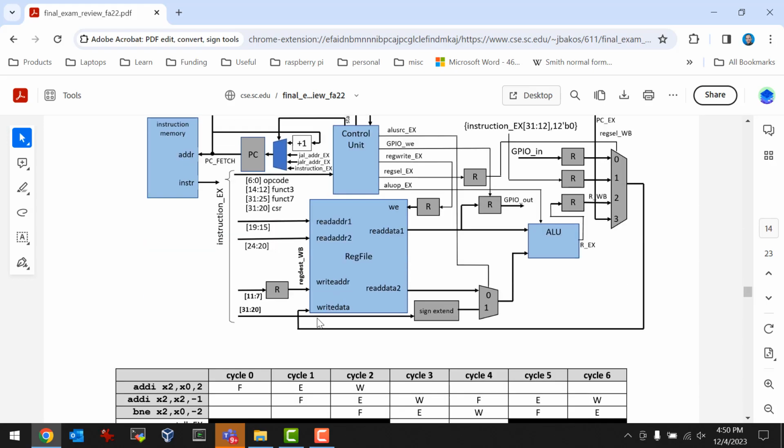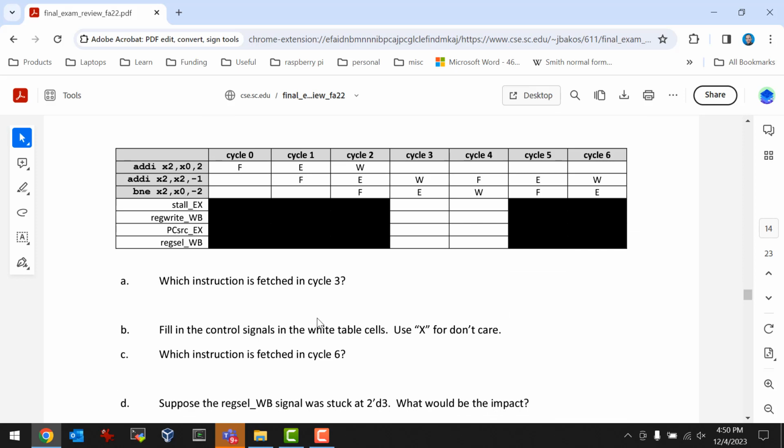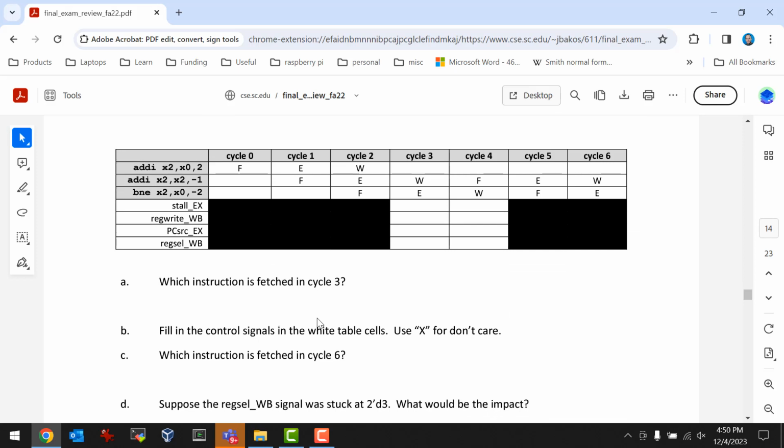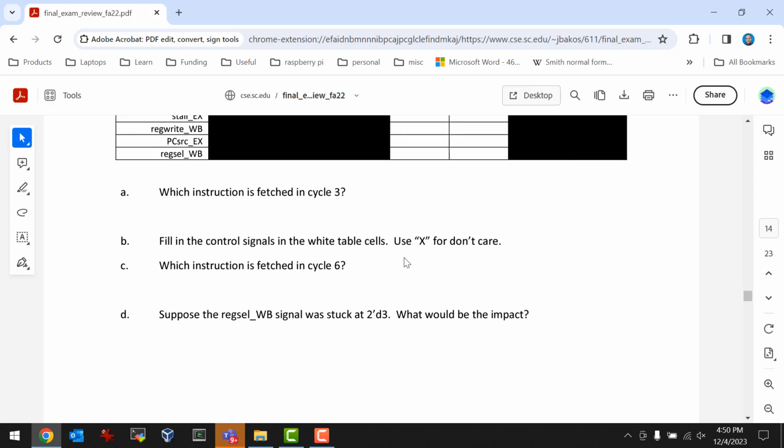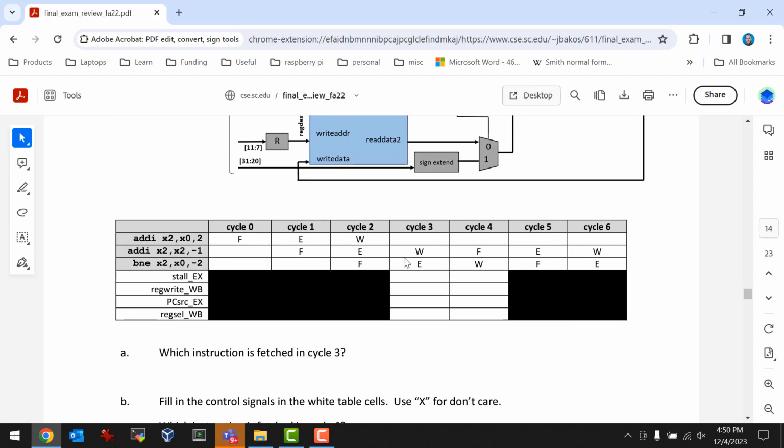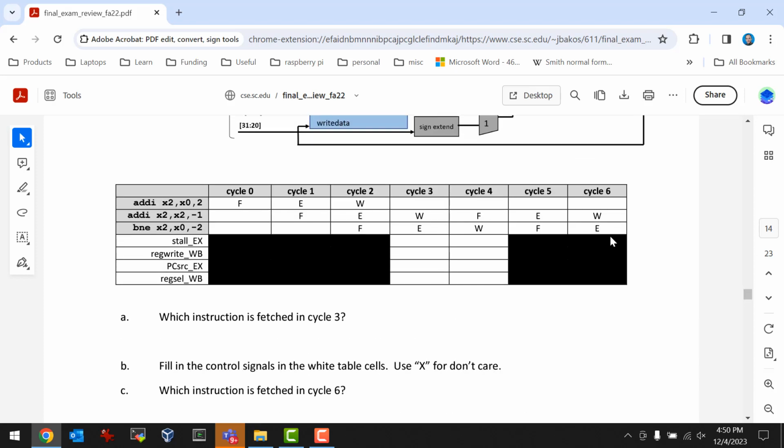All right, another CPU. Same idea. This one, you just figure out what the control signals are. What instruction is fetched in cycle 6?